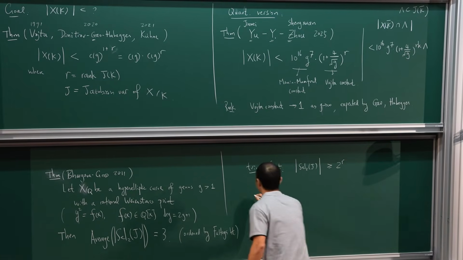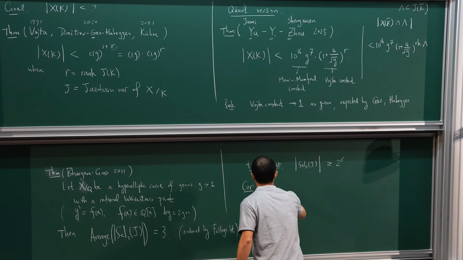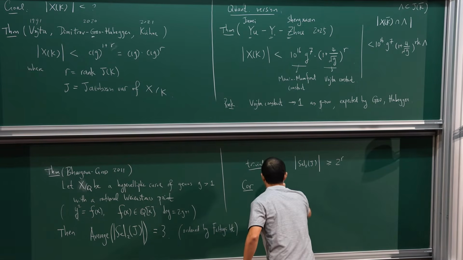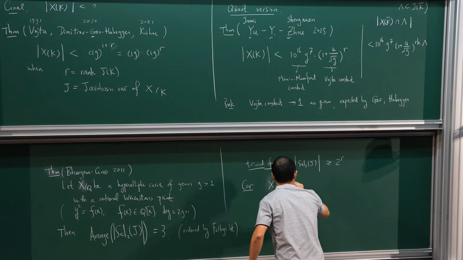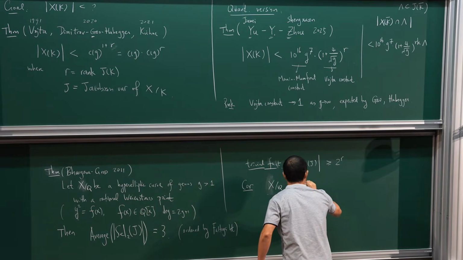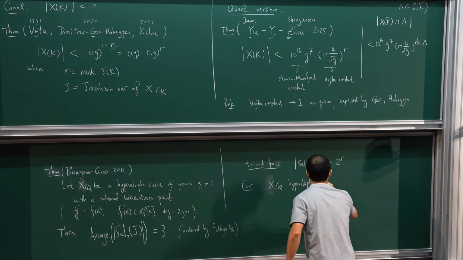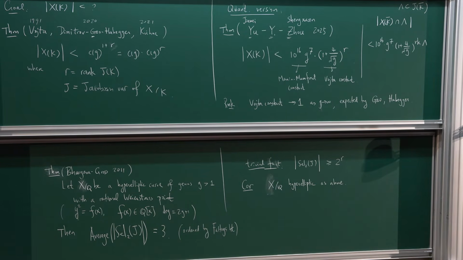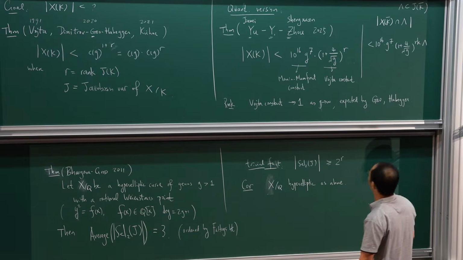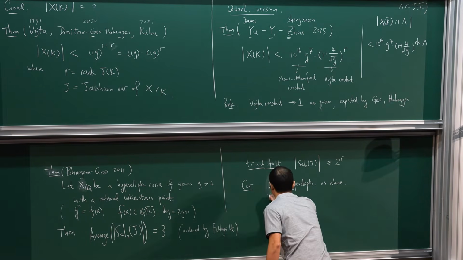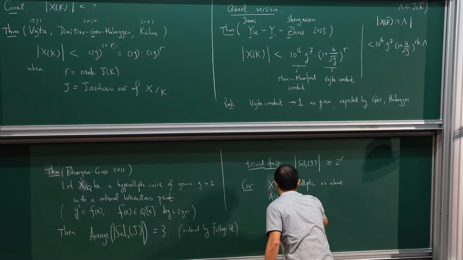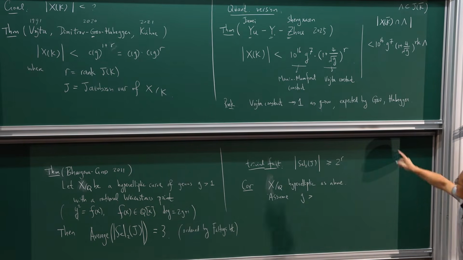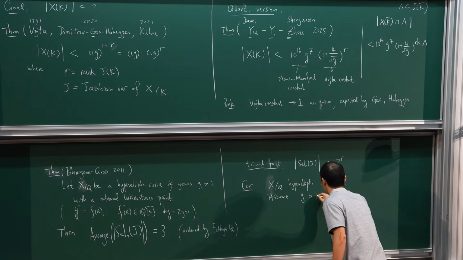So now the consequence is, if X over Q is still hyperelliptic as above, like this in the Bhargava-Gross theorem, and now we assume that g is greater than 16, so that the Vojta constant is less than or equal to 2.